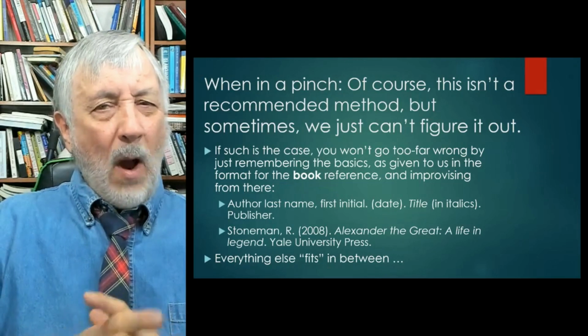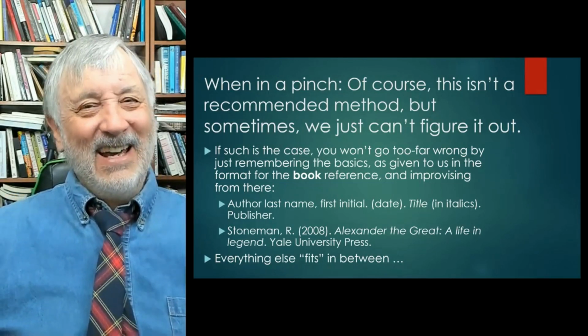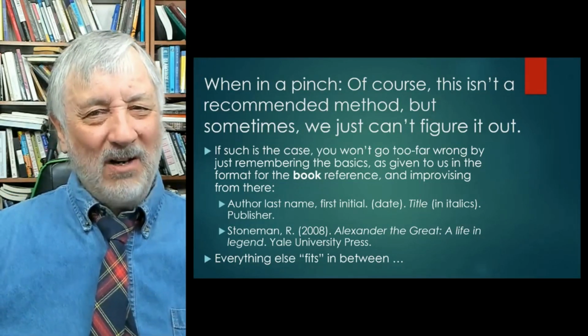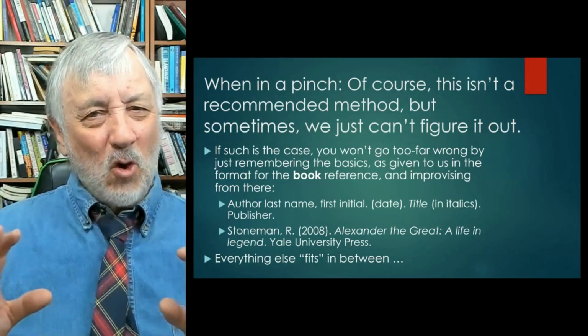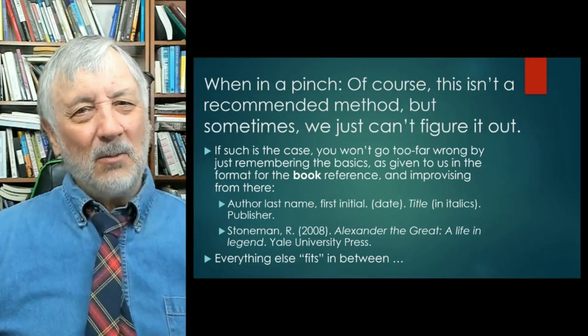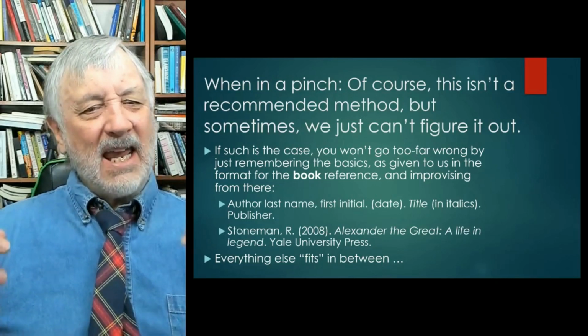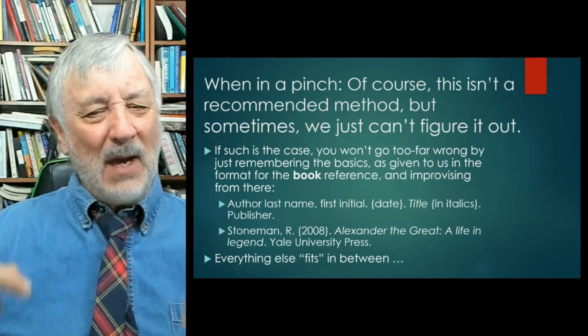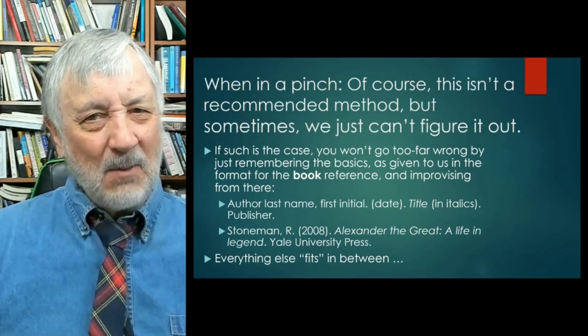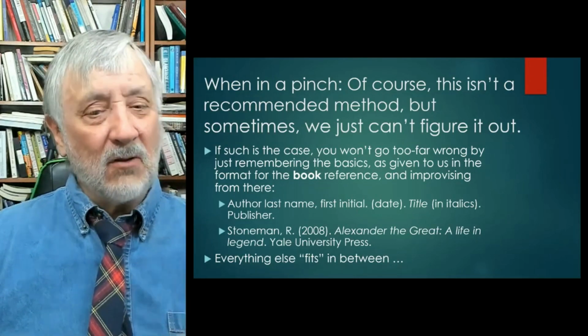Now, when in a pinch, sometimes you can't figure it out. And in this case, you won't go too far wrong. You might not be totally correct, but again, go back to the basics. Last name of the author, initial. This for the references.